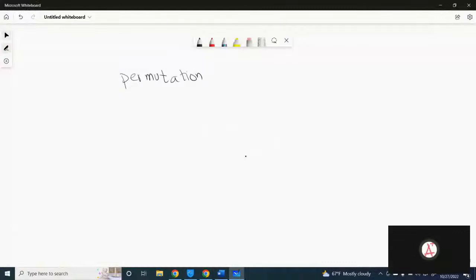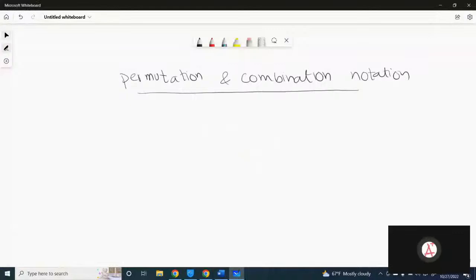Let me write down the examples, the definitions of permutations and combinations, and the notation.